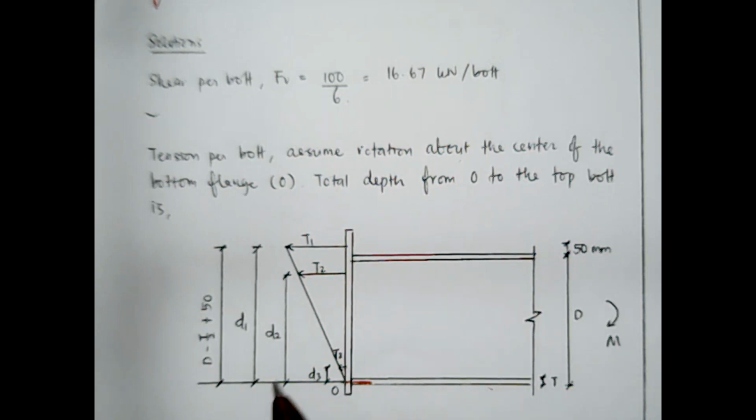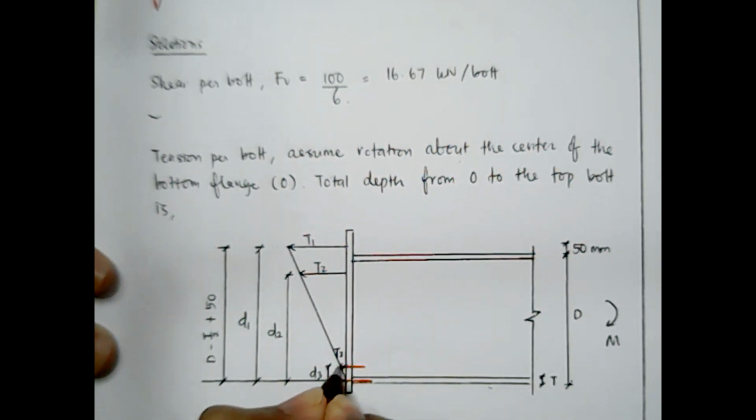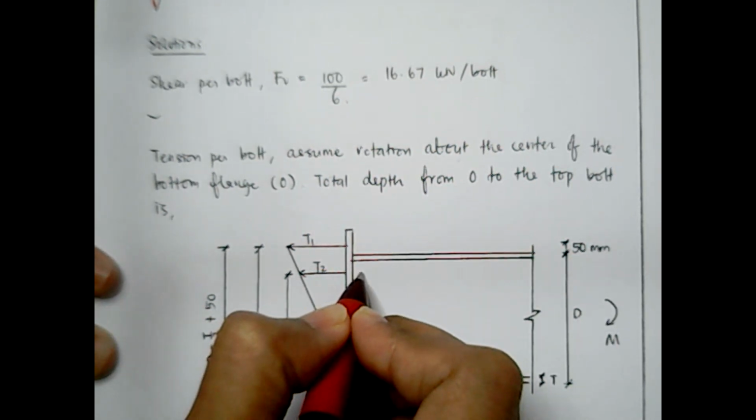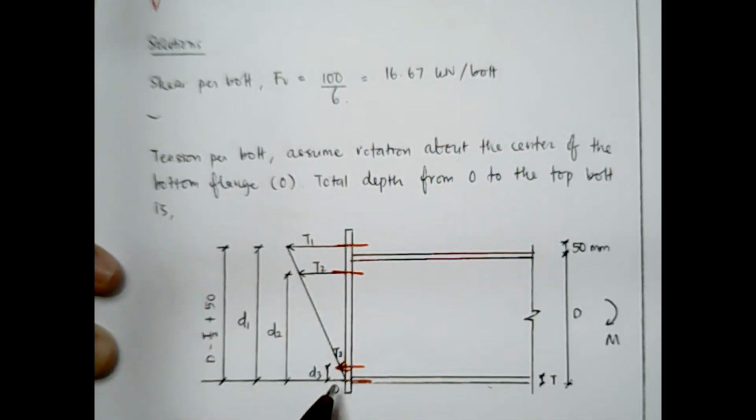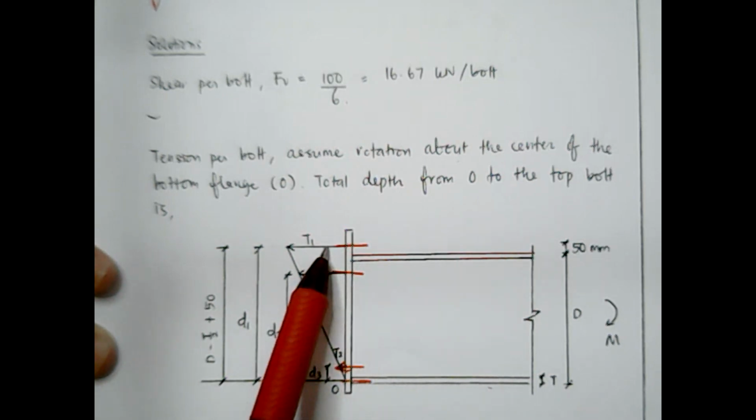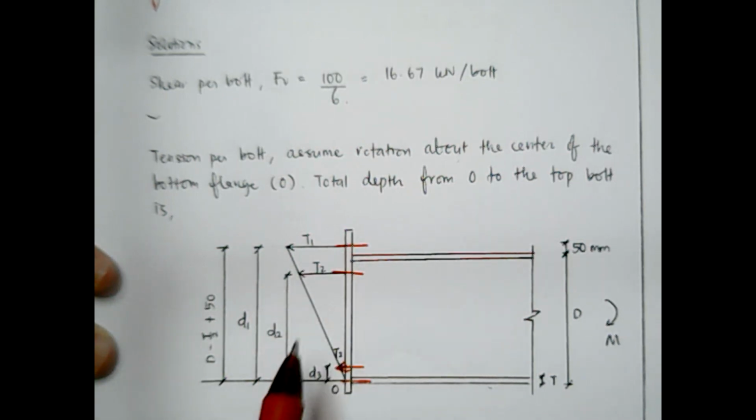You have the first bolt, T3, then the second bolt, T2, and T1. The distances need to be calculated from the center to each bolt.